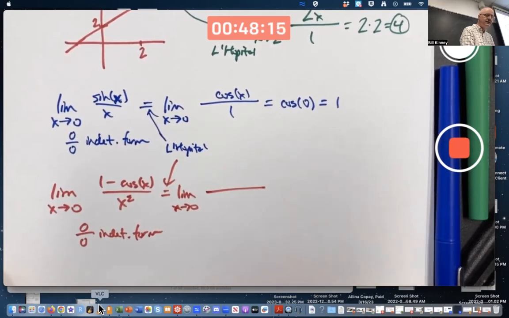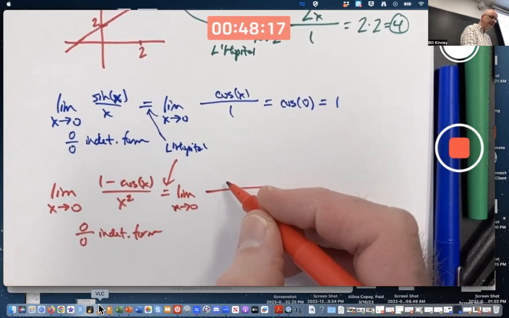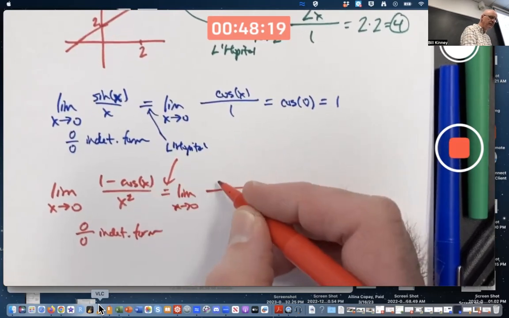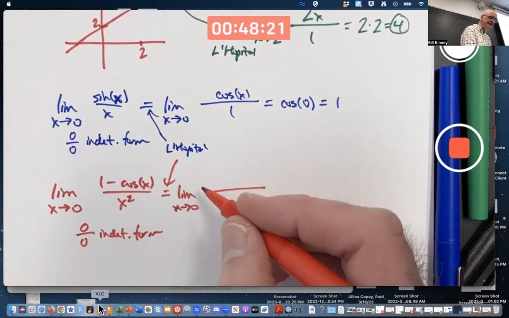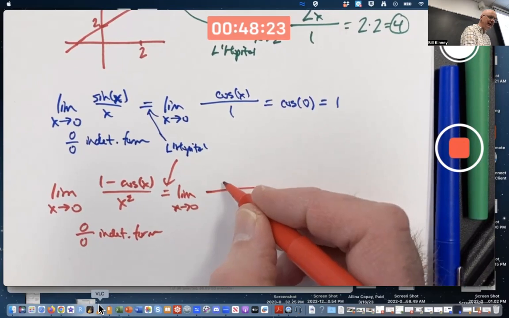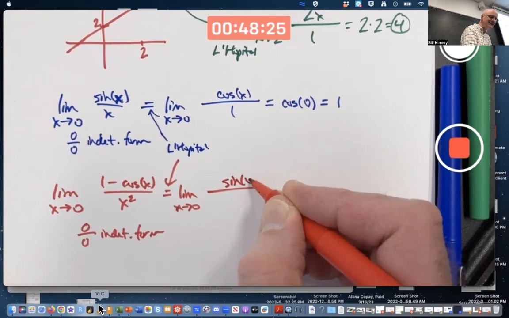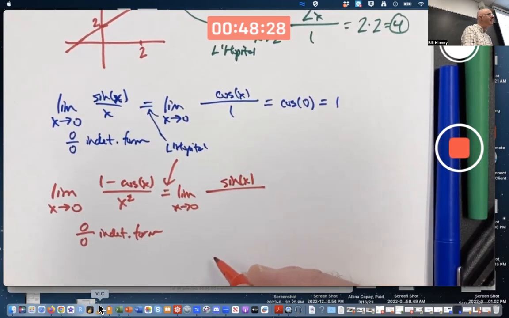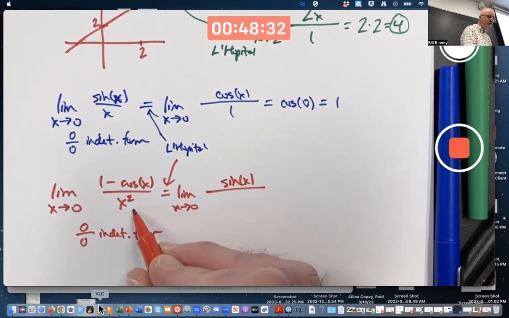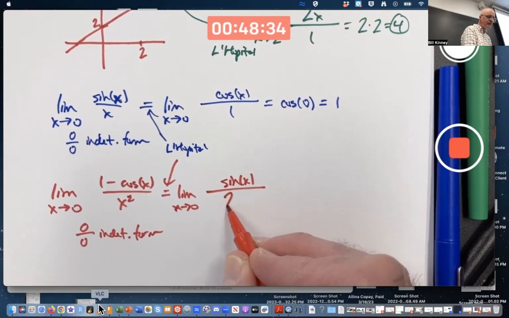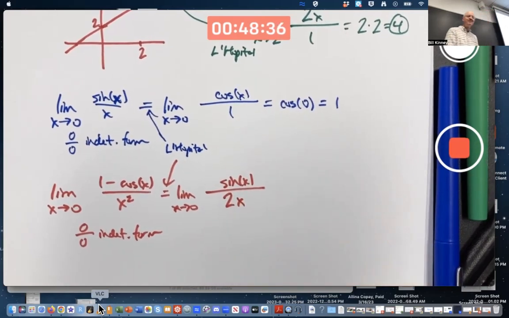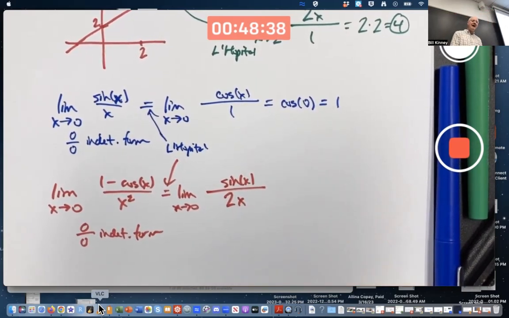to make a new fraction where the top is the derivative of the old numerator. The derivative of 1 is 0. The derivative of negative cosine of x is positive sine of x. And the bottom is the derivative of the old denominator. The derivative of x squared is 2x. But guess what? Still can't plug in 0.